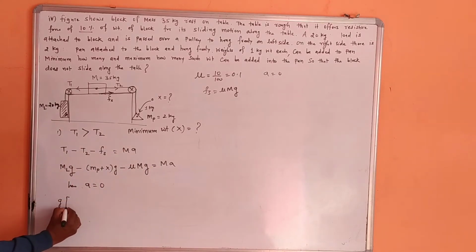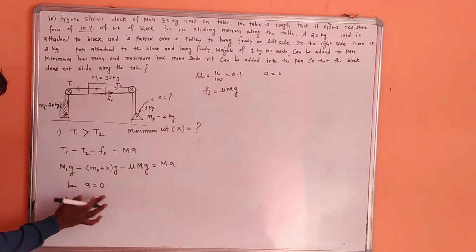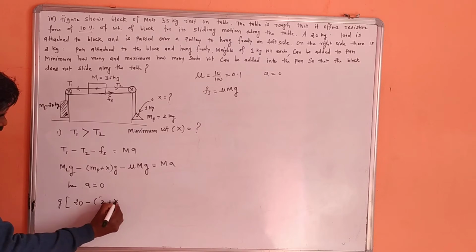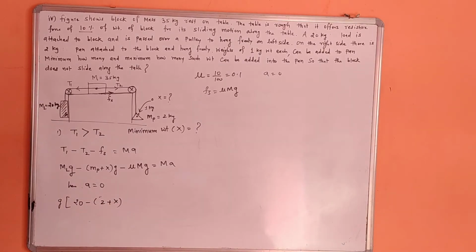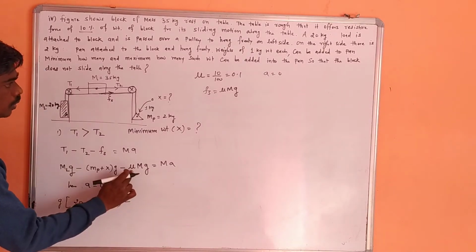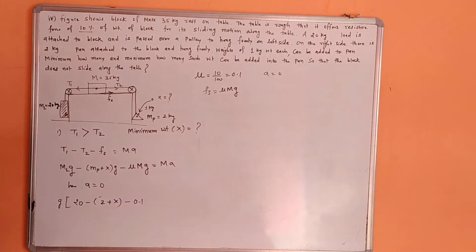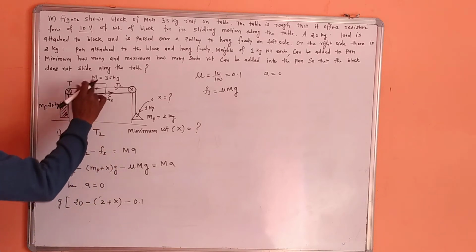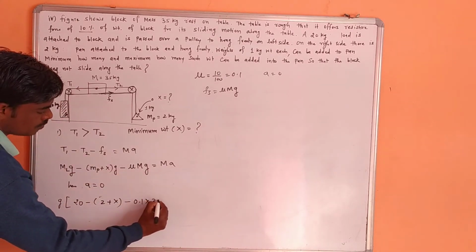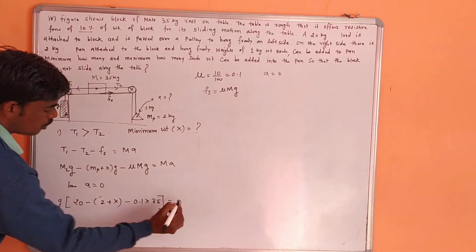Take g common. m_l is nothing but 20, minus m_p is nothing but 2 plus x, that we have to find out, minus mu, which is 0.1, times capital M, which is 35, is equal to 0.